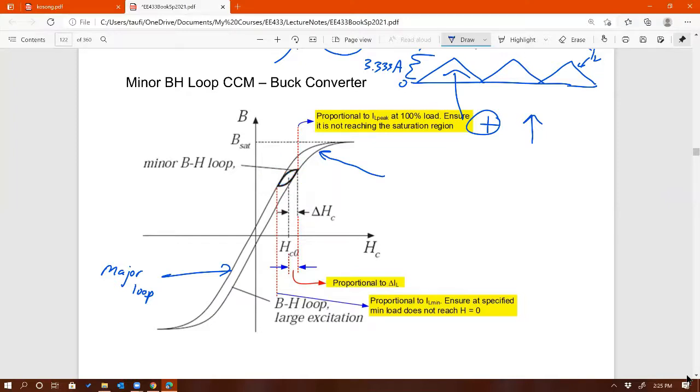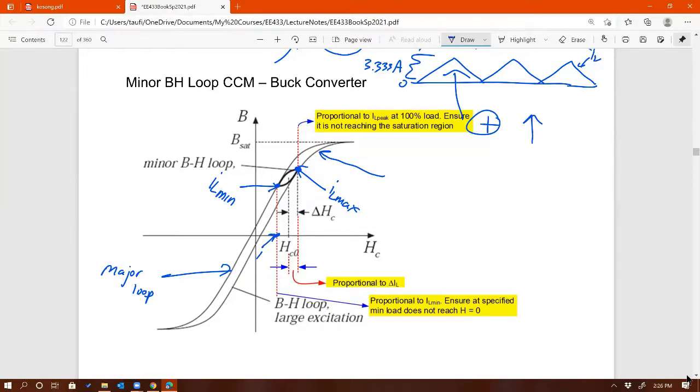And if you look at the 2 points, these are the 2 critical points, that point right there and that point right here. This point on the left corresponds to IL min, and the one on the right side is IL max. If you project the point on the left to the x-axis, that corresponds to this H right there.